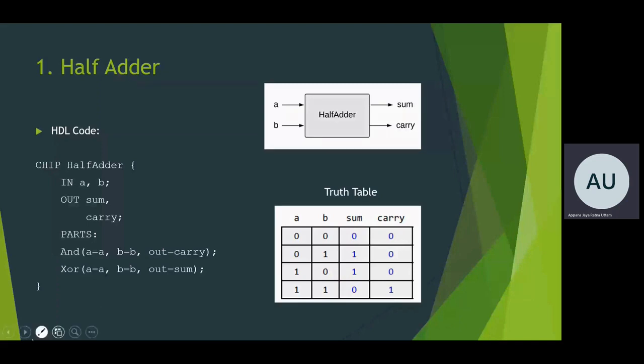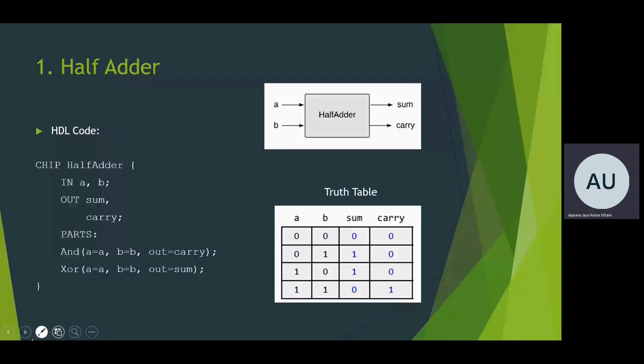The second chip is the full adder. So this chip is a modification of the half adder. Here the inputs are A, B, and C, and the outputs are sum and carry.